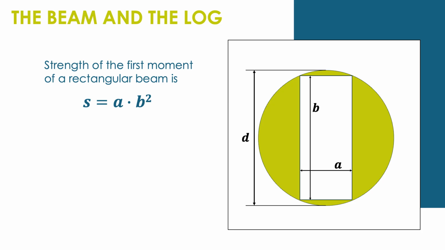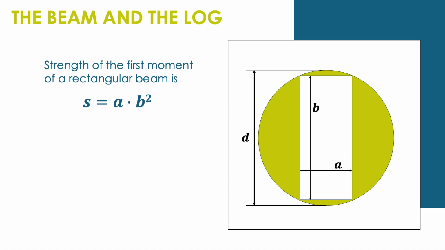So the vertical dimension of the beam is much more important than its width. What we can ask is: what is the beam with the highest strength that we can cut out of our log?